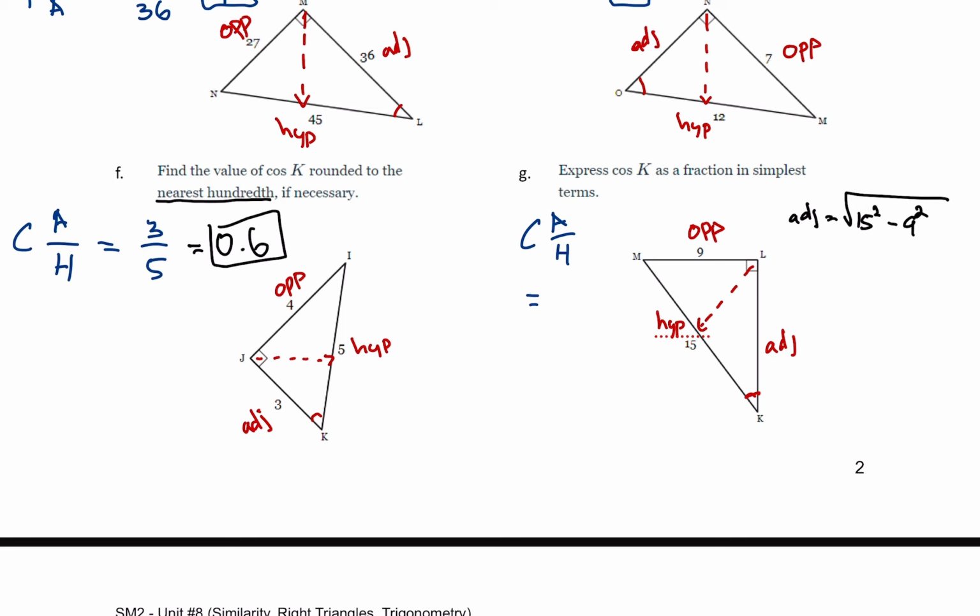If you're missing a side length, use the Pythagorean theorem to find it. After doing that, we end up with the adjacent side equal to 12. So I can label this as 12. Now my adjacent is 12 over my hypotenuse, which I labeled as 15. 12 over 15 simplifies to 4 over 5, and that would be my final answer.